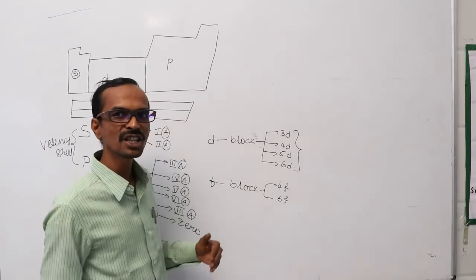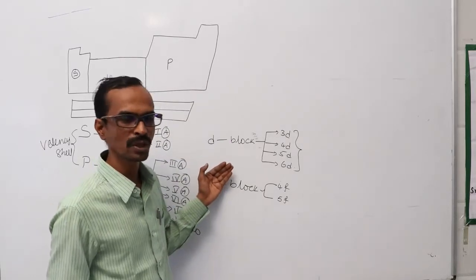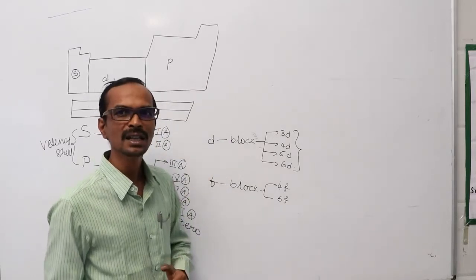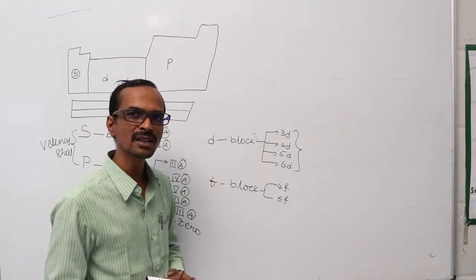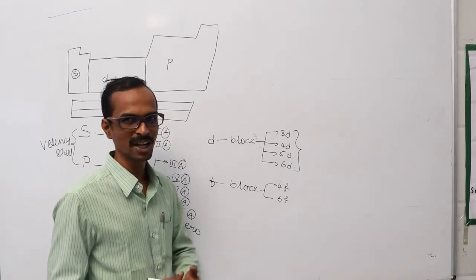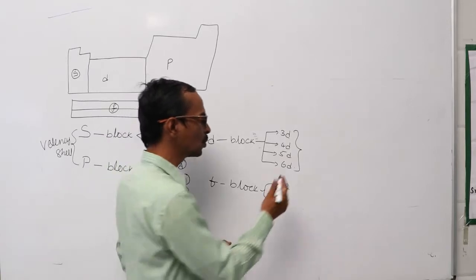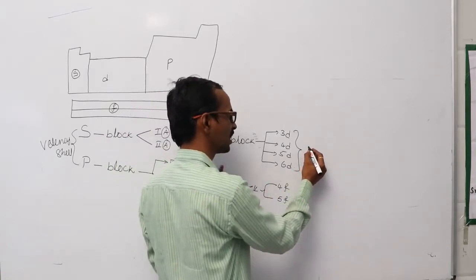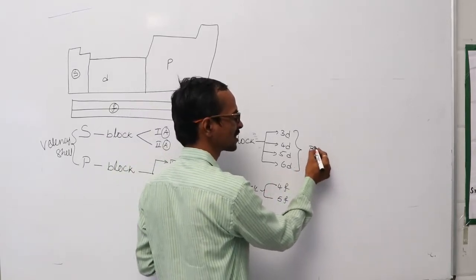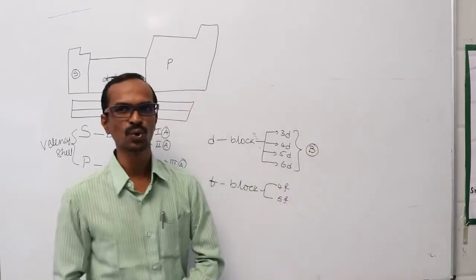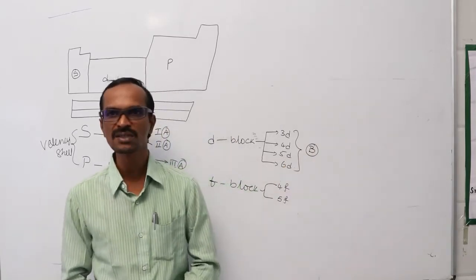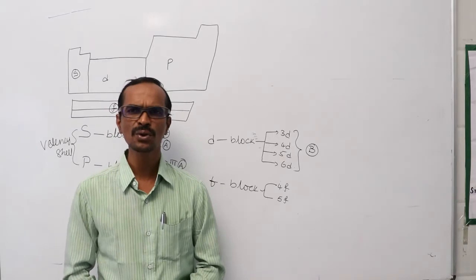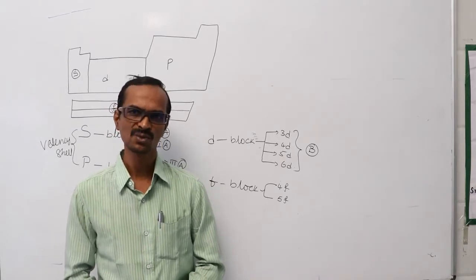In d block, the differentiating electron enters into the penultimate shell. So the groups that are present in the d block are designated as B subgroups. This is what you have studied in +1.